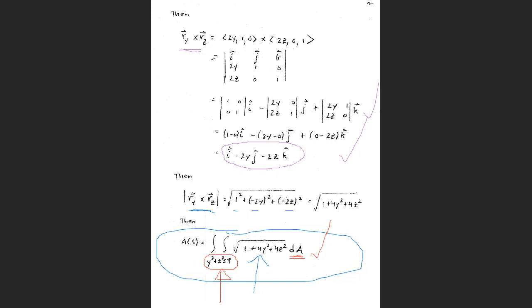I agree, Ryan. Polar coordinates would be better. So now I'm going to fill in what the dA is, and fill in limits for my double integral. Are there any questions so far?